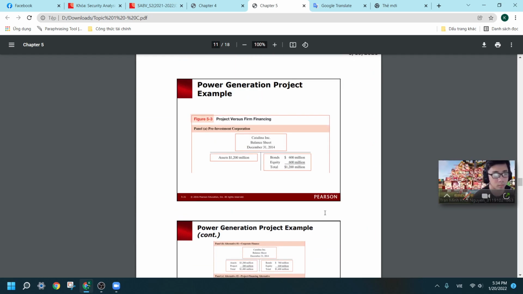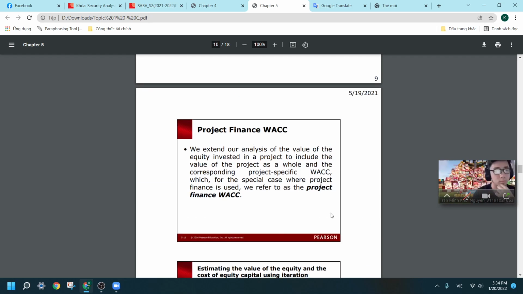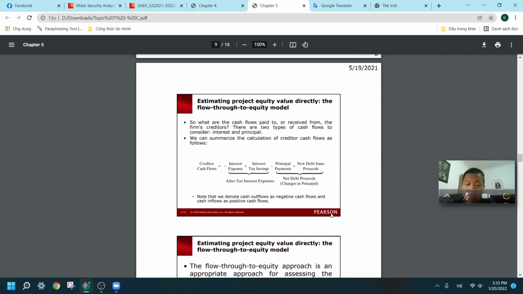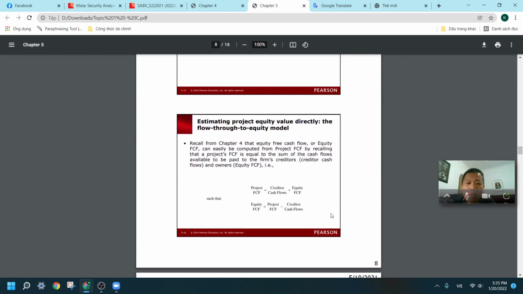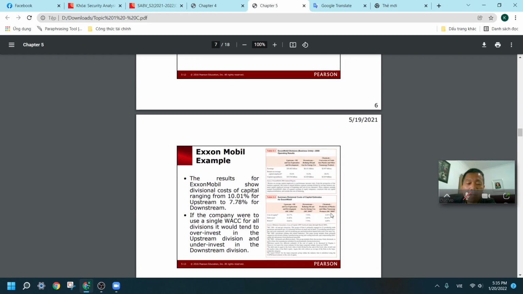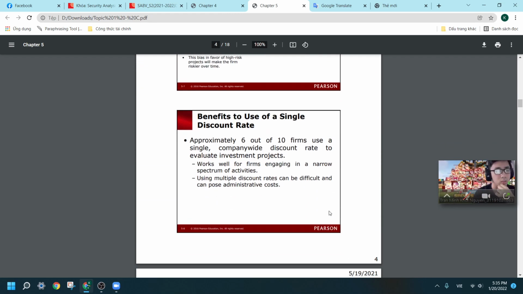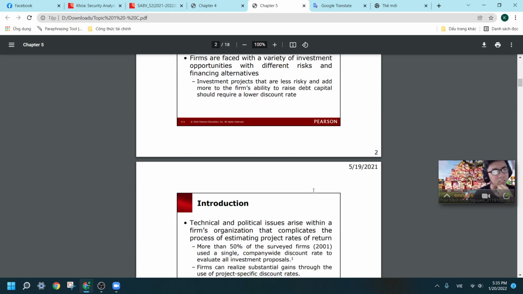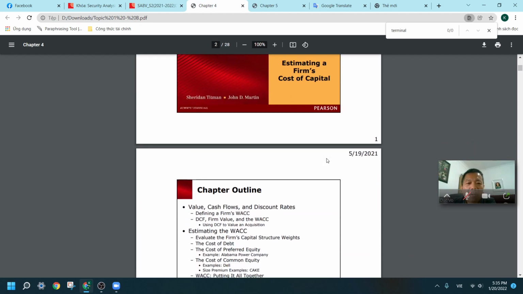So besides the discounted cash flow, what method can we use for enterprise valuation, Khôi Nguyên? I think we can use adjusted present value. Okay, very good. We can use adjusted present value. Okay, I agree with that.